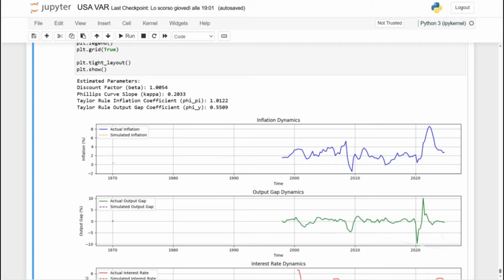Okay, so with lower unemployment, or an increasing output gap, a positive output gap, inflation, measured by the Phillips curve slope, bumps up by 0.20%.